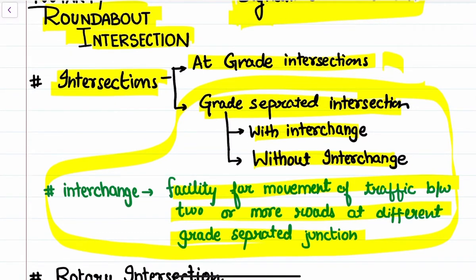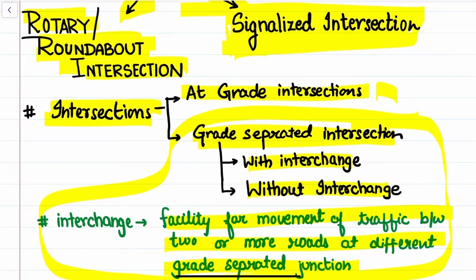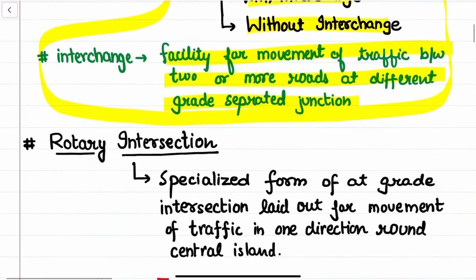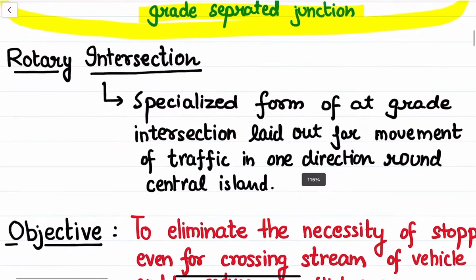So an at-grade intersection is when the roads intersecting are at the same elevation. And the channelization of an at-grade intersection is done by construction of a rotary. Now let us discuss this rotary intersection.